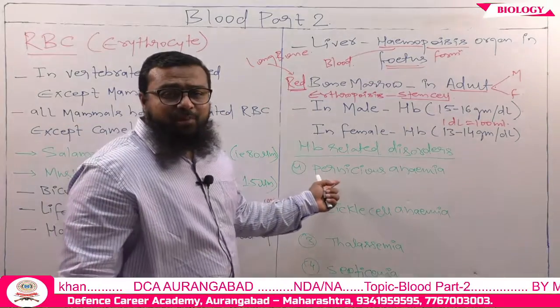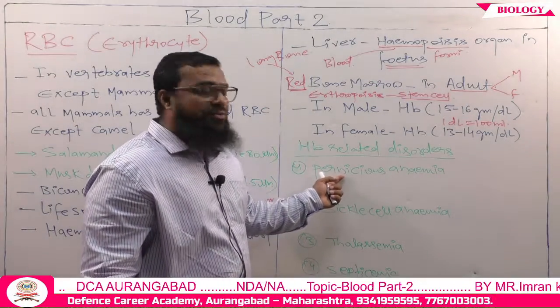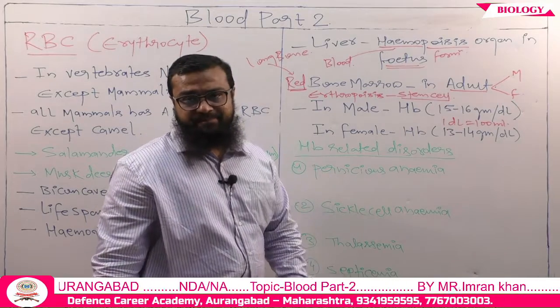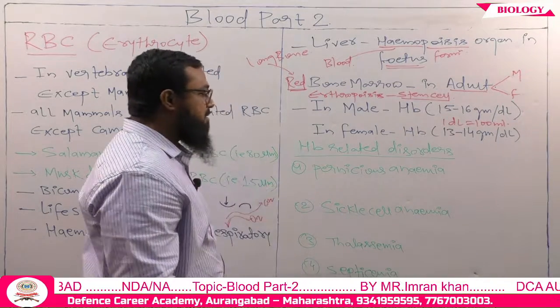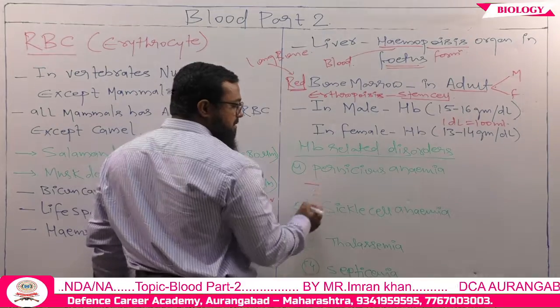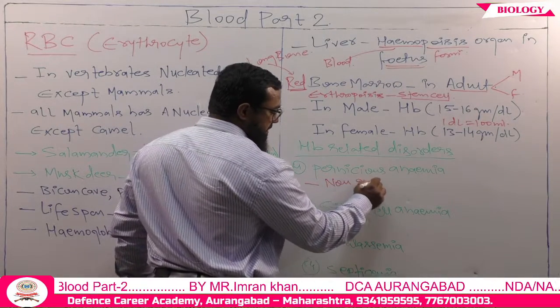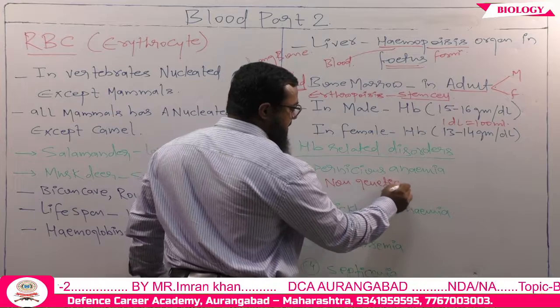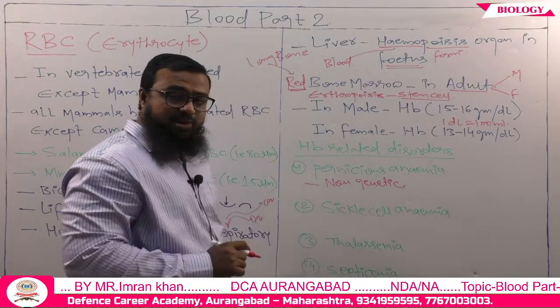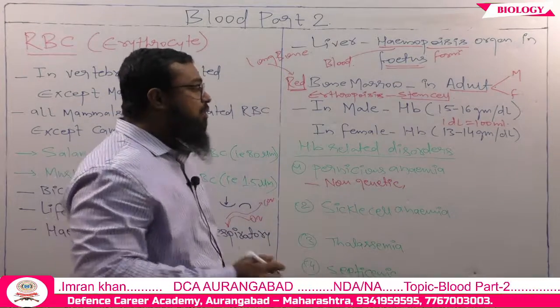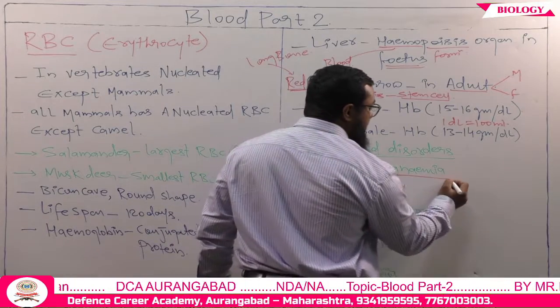One of the important and commonly found disorders is pernicious anemia. Pernicious anemia is common and this is non-genetic. The next important thing, how it occurs. What do you mean by anemia?